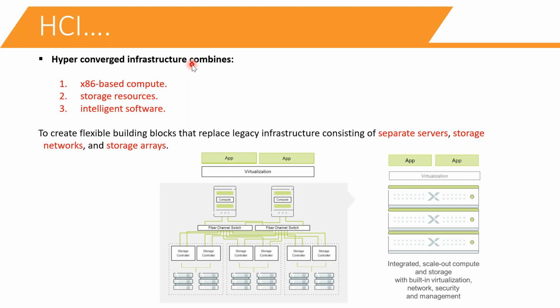Then they started supporting different hardware. For example, you go to one customer, and he says, "I already have 10 plus HPE servers in my data center. They are idle. I don't have any workload running on them. Can I reuse them?" Nutanix says no, you have to buy my own hardware.